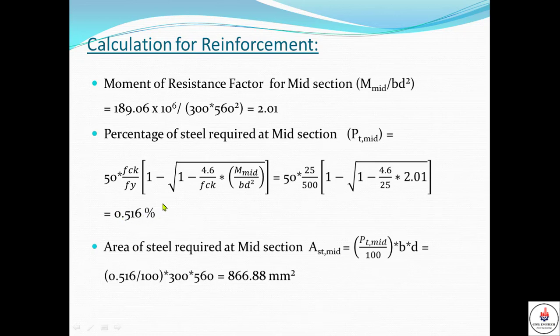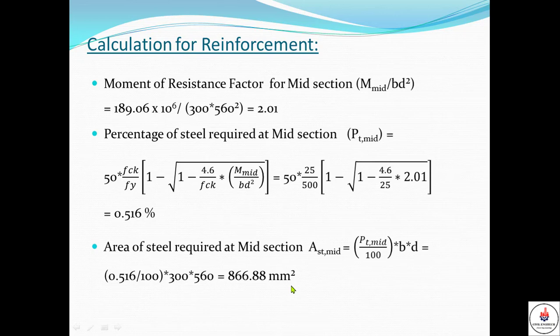Then the area of steel required for the mid section is AST mid equals PT mid by 100 into B into D, so 0.516 divided by 100 into 300 into 560. By calculating this, we get 866.88 millimeter square, which is the required area of steel at mid span.